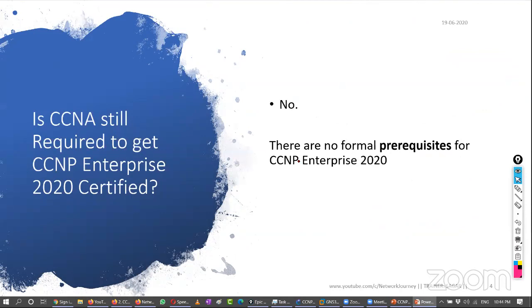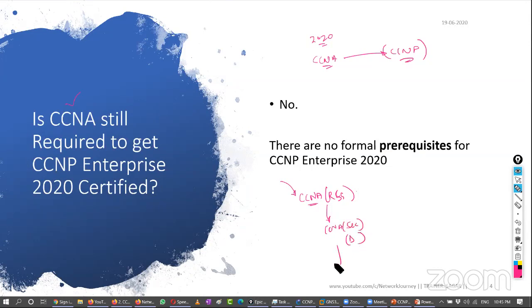This is the most frequently asked question which students always ask me: in 2020, do we still need to be CCNA certified to enroll for the CCNP? If you're aware of the Cisco trend, we were following this pattern. We all started with routing and switching, and then a lot of us went towards CCNA Security or Data Center.